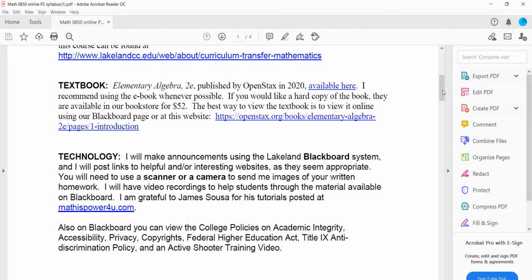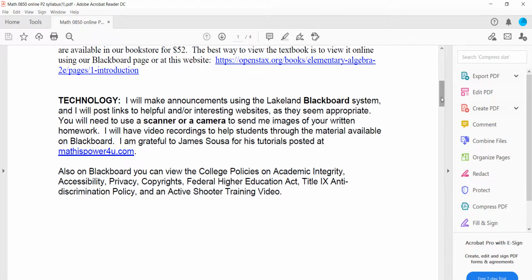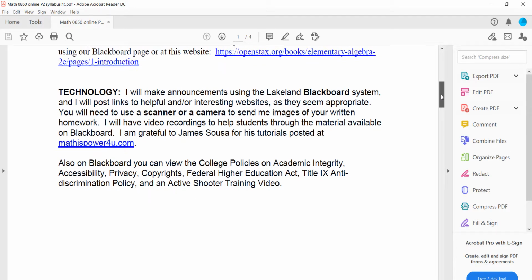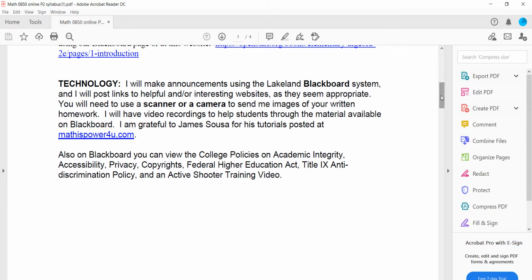We're going to use the Blackboard system to take our quizzes, to view our lessons, to get to videos, to get to assignments, and so that's going to be used all the time. But you are going to be working out your algebra on paper, so you can use pencil and paper.